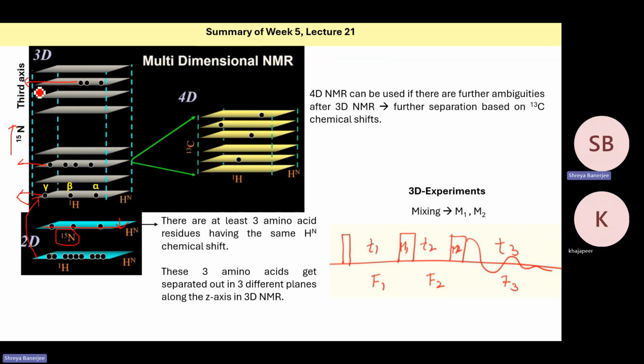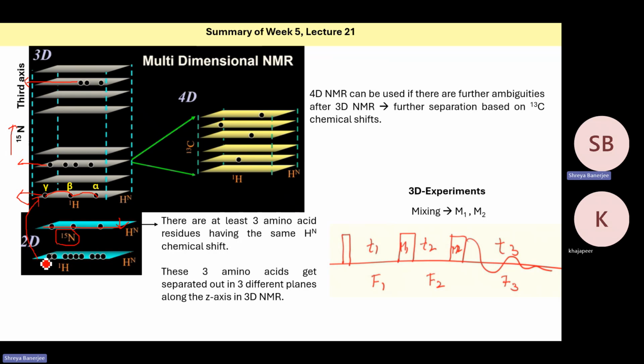So it is separating out, and within the same amino acid you will be able to see the TOCSY or NOESY. Here we have taken TOCSY, so you will be able to see the TOCSY correlations. That is your alpha, beta, gamma, all these correlations you will now be able to see much more clearly.